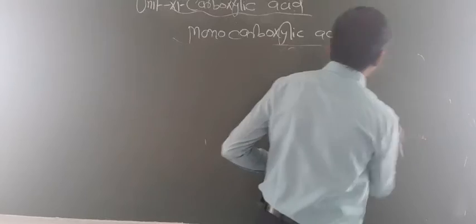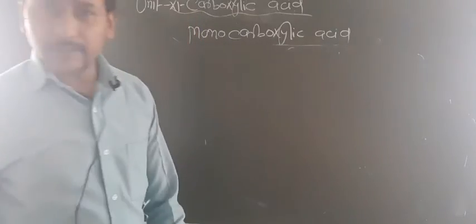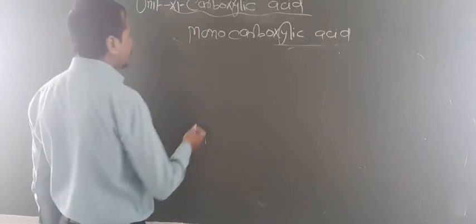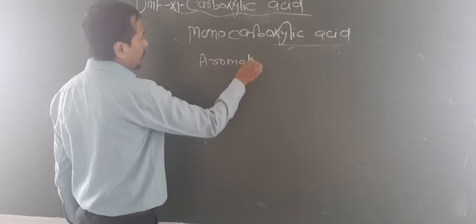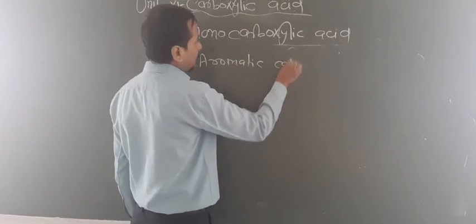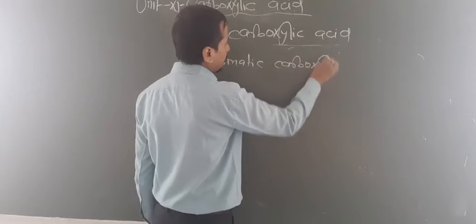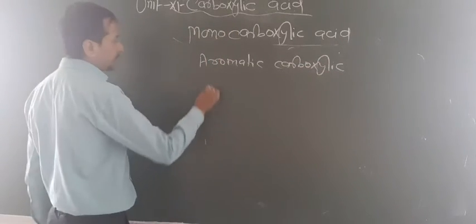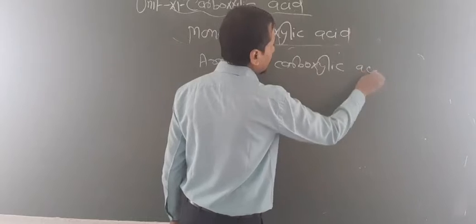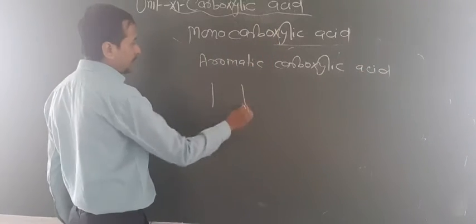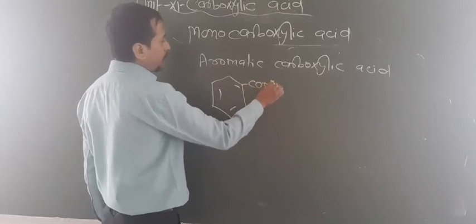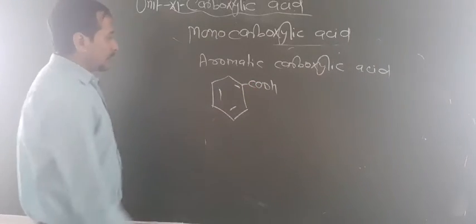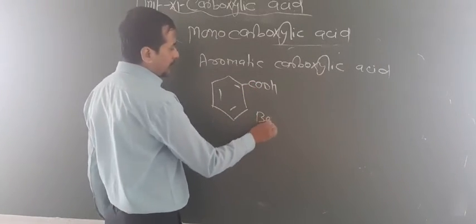Now, this is about the aliphatic monocarboxylic acid. In case of aromatic carboxylic acid, that means the COOH attached to the benzene, this is known as benzoic acid.